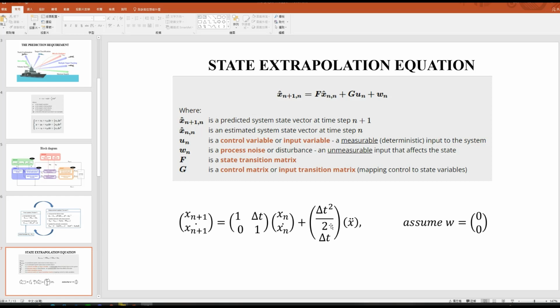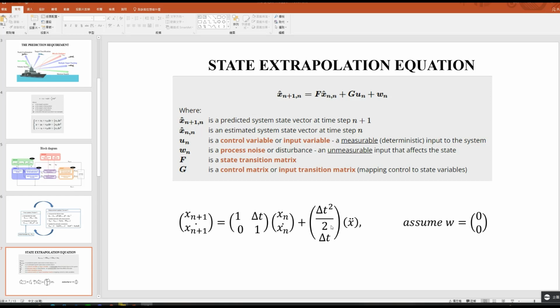In our case, because the acceleration cannot be predicted, we decided to put it into the input variable. And we can predict the position and velocity, so they are placed in the state vector. And finally, we assume process noise is 0.